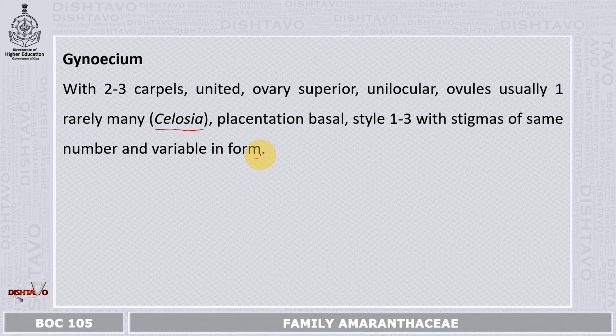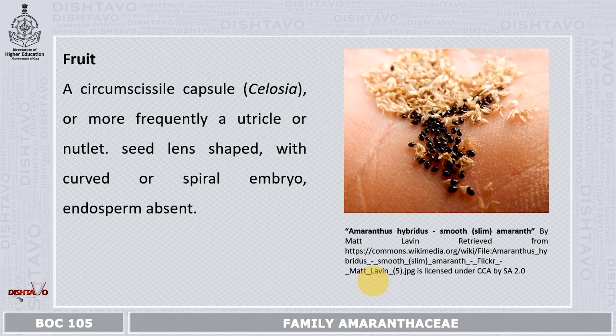It can appear in different forms. Coming to the fruit character, fruit is a circumscissile capsule, which is seen in case of species of Celosia, or more frequently a utricle or nutlet.